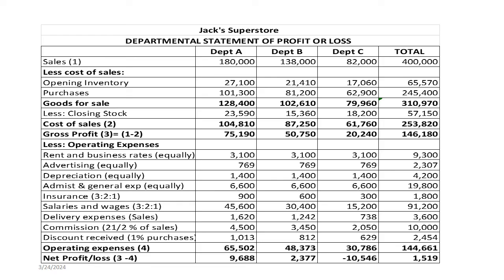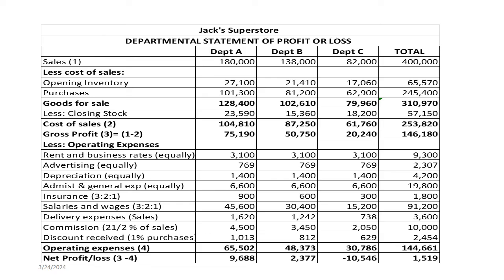Again, to get a net profit, we take 3, which is the gross profit, less 4, which is operating expenses. So we get a net profit or net loss. Department A is 75,190 minus 65,542. So you get a net profit of 9,648.